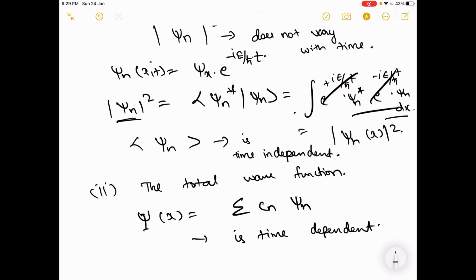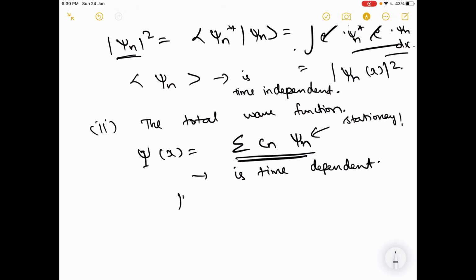What we mean is, this guy is stationary, is time independent, right? But a random summation of such wave functions which are stationary will turn out to be time dependent, because the summation of e power minus iE by h bar t will not all cancel out. We will see examples of this, that the solutions are the eigenfunctions of the Hamiltonian, H psi n equal to E psi n, right?